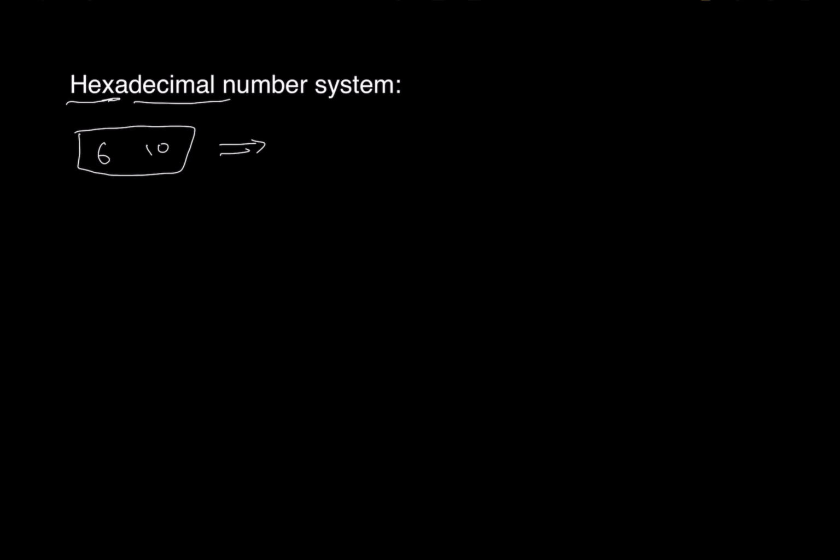So a number system that has from 0, 1, 2, 3 all the way to 9, then it starts A, B, C, D, E, F. 9, 10, 11, 12, 13, 14, 15, and 16 right here, 0. So it has 16 symbols. That's why we call it hexadecimal, because it contains 16 symbols, 16 digits.